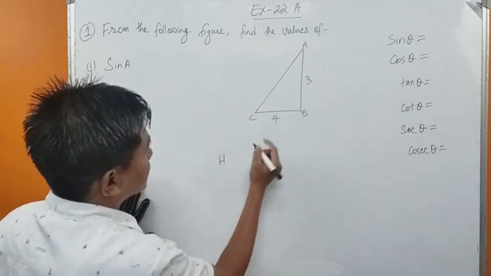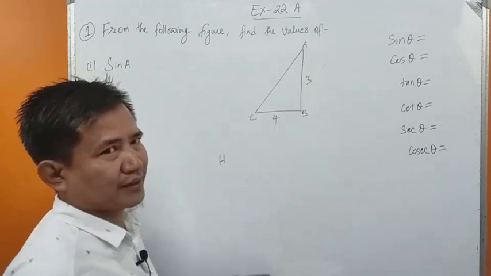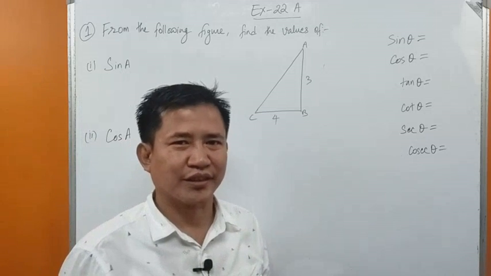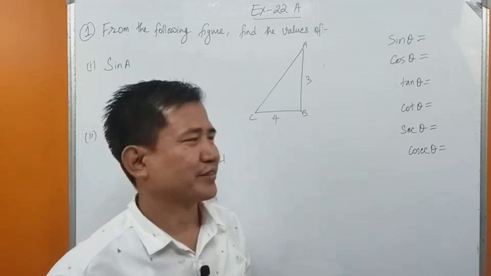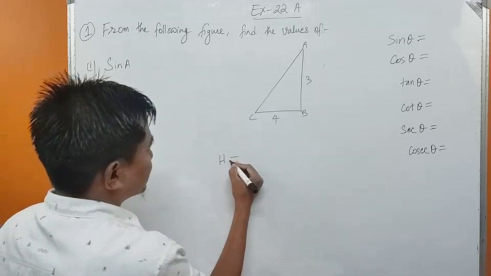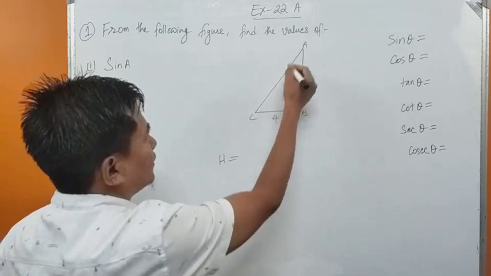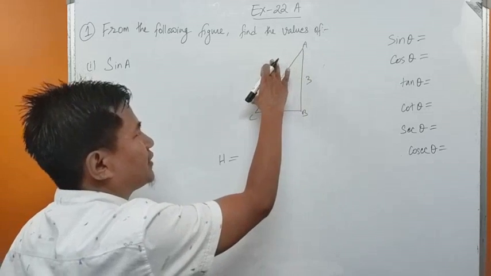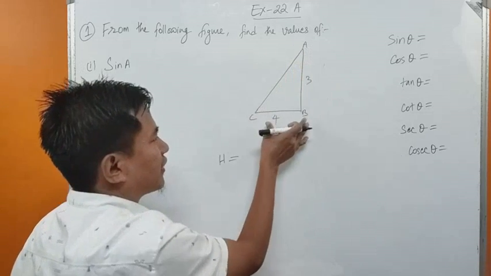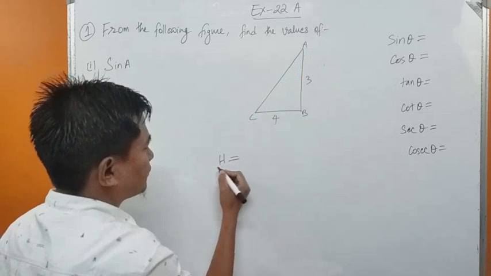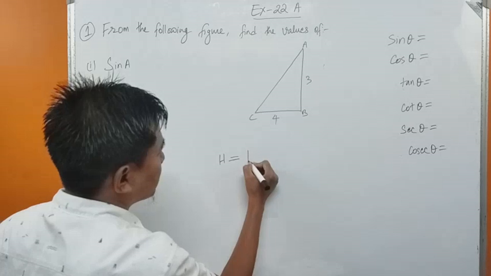Now, we know that this is a right angle triangle, and any triangle has 3 sides, isn't it? So right angle triangle also has 3 sides. So in right angle triangle we have special sides: hypotenuse, perpendicular, and base, okay? So H, we write H for hypotenuse.